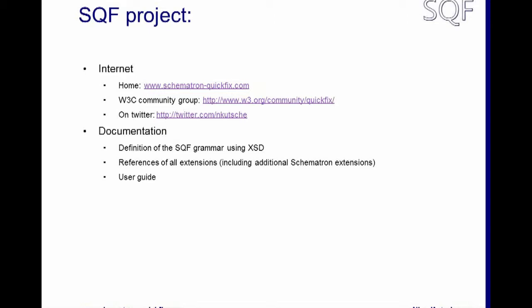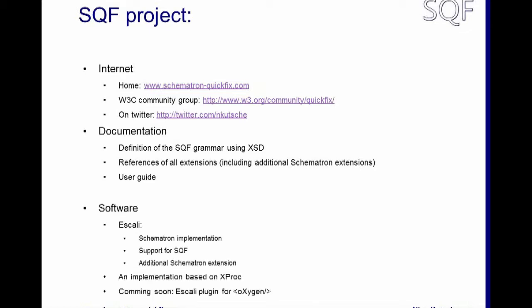On the website you will find the documentation about the schema of the extension language, references, and a user guide to learn Schematron Quick Fix. And some software, the Escali, you can download at the moment in the state it's developed.